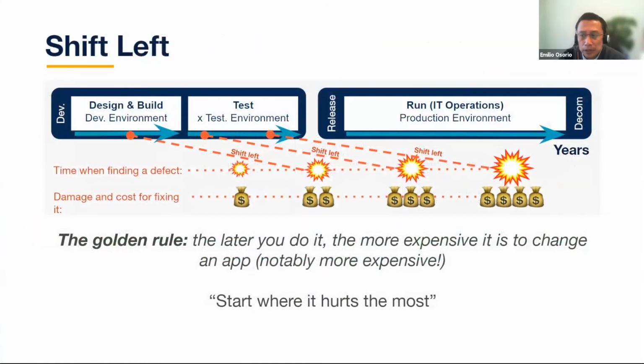Finally, there are some ways to guide what the actual work should be. There's this whole movement of shifting left. What does shifting left mean? Well, shifting left means that the earlier in the development process that we automate things or get a focus on quality, the cheaper it will be to implement these practices.